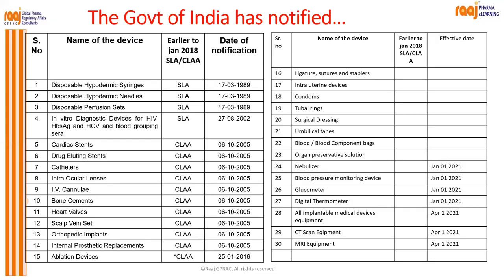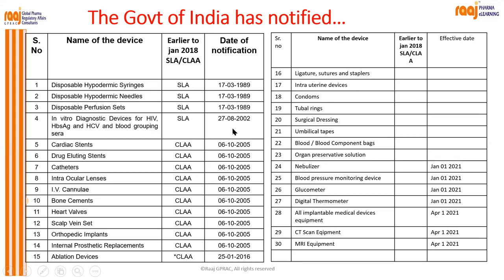Okay, so if you go through this list, you will come to know which devices were notified earlier, from January. You can see three columns: the name of the devices earlier to January 2018, and which body is responsible, SLA, state or central.